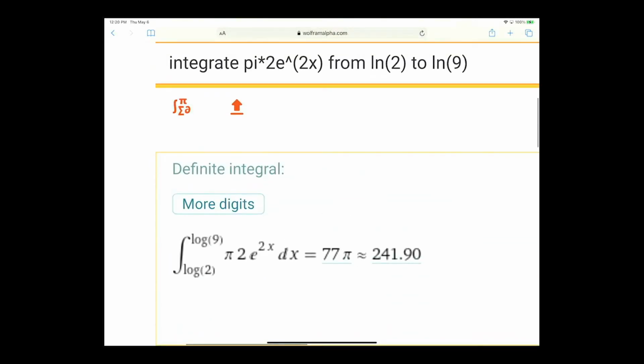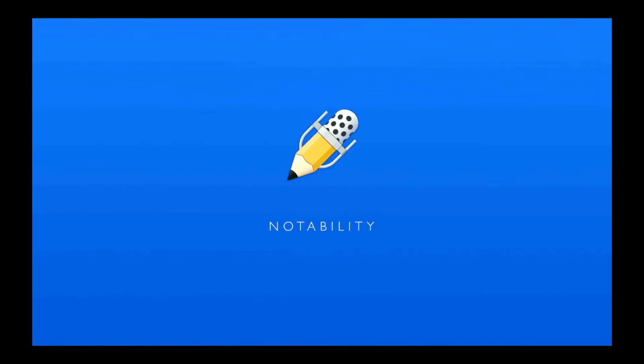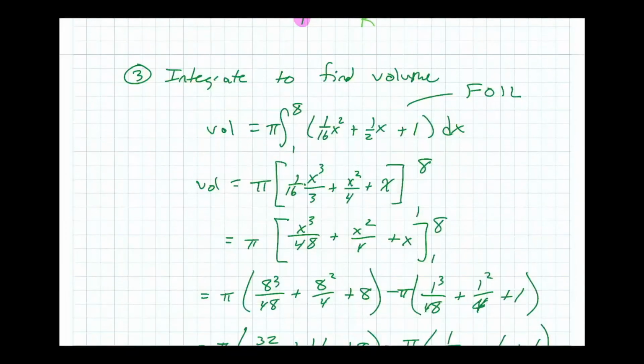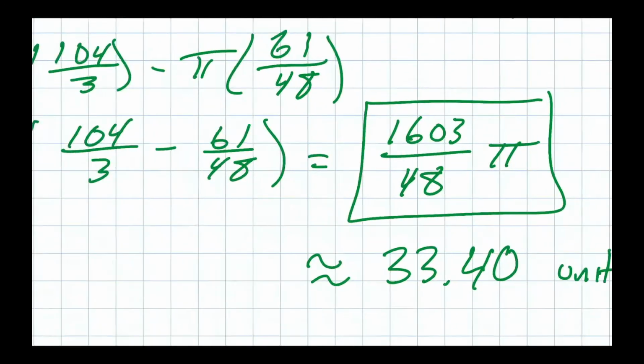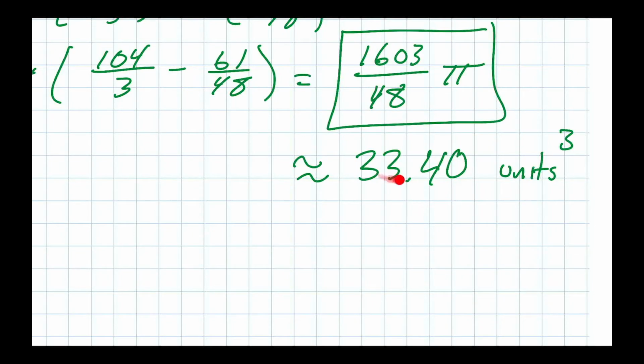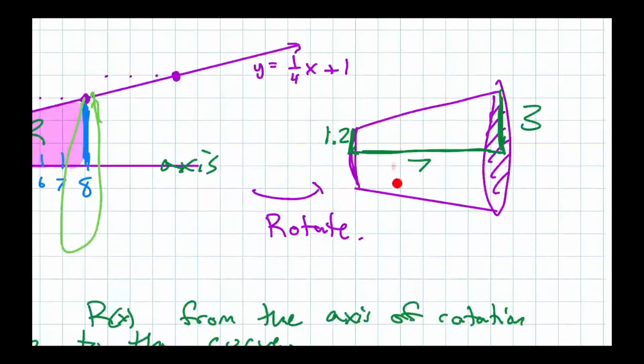So you can check your work that way. Also, while we're doing this, I just want to mention something from the last lecture. During the last lecture, I did this problem here, and then I said this is 33.40, and then I went up to see if that made sense in terms of this area, and I was confused because this circle's radius 3, pi 3 squared would be around 27. 27 times 7 would be a very big number, way bigger than 33.